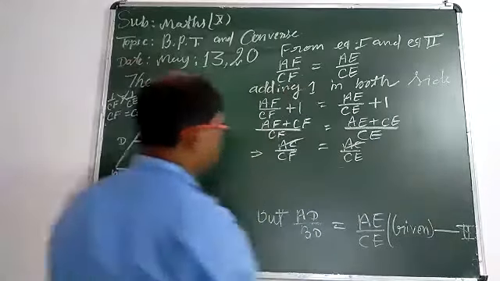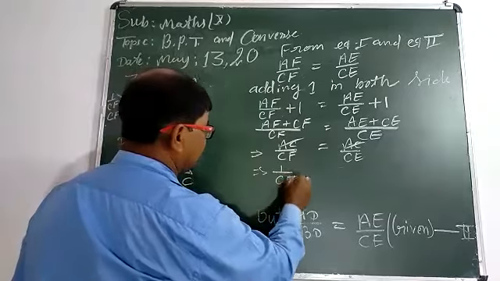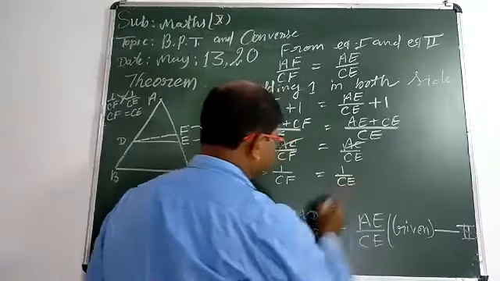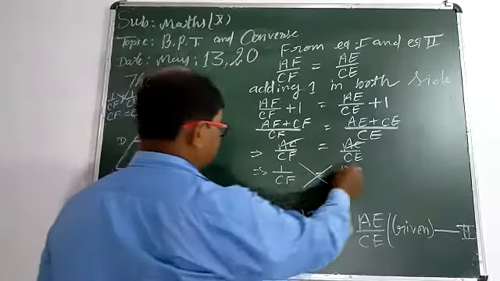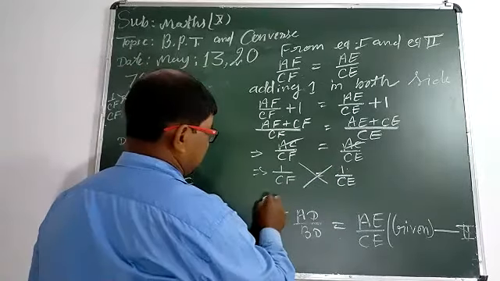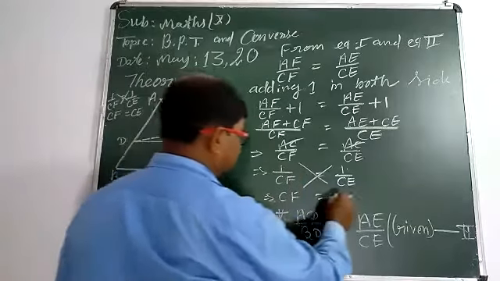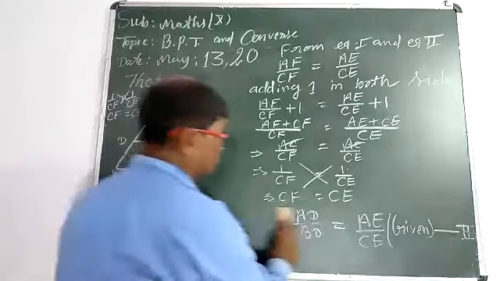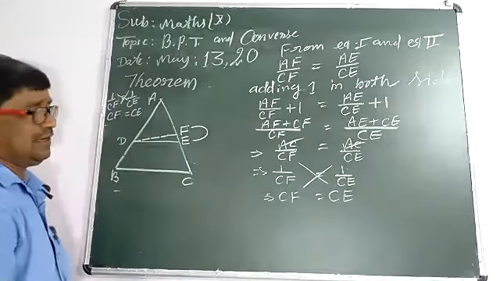Now you should write 1 upon CF equal to 1 upon CE. Now cross multiply. CF multiplied by 1 is CF and CE multiplied by 1 is CE. CF equal to CE.